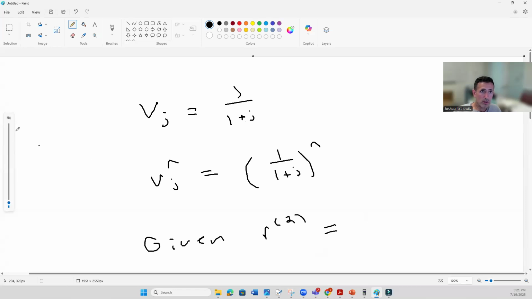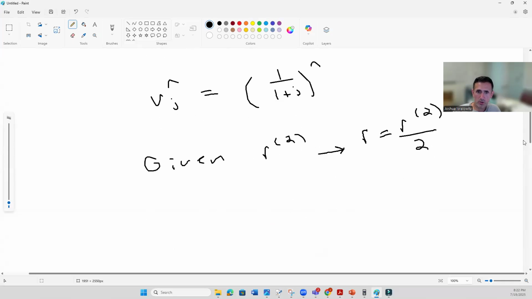So that would mean my actual coupon rate, what I need to compute my FRs, and I'll explain why it's called coupon rate in a second, is r^(2) over 2, as usual.